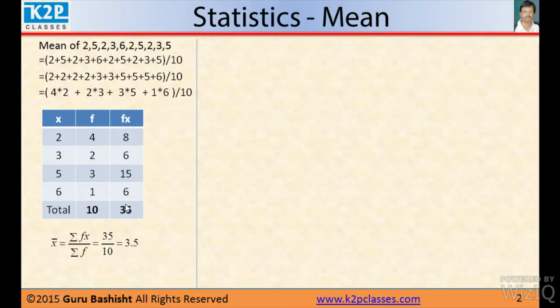Sigma fx, that is 35, by sigma f, the addition of all the frequencies, that is 10, gives 3.5. So this method of finding mean is called finding mean by frequency distribution. By name it is clear: frequency distribution. We are distributing the frequency of observations in a table.